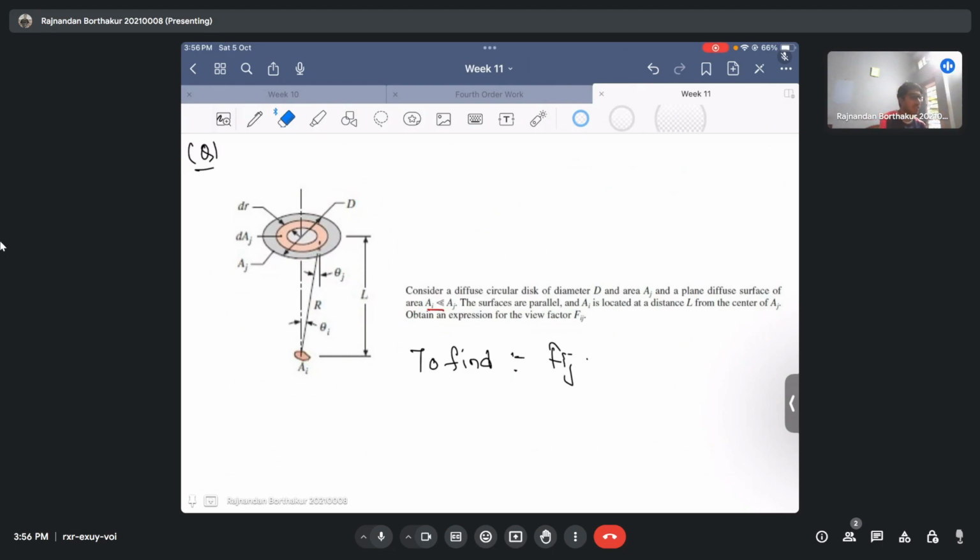Or, what is the fraction of radiation leaving surface i that is intercepted by surface j. That's all that you need to do. I'll give you some time to think how to approach this problem, and then I'll proceed with the solution.